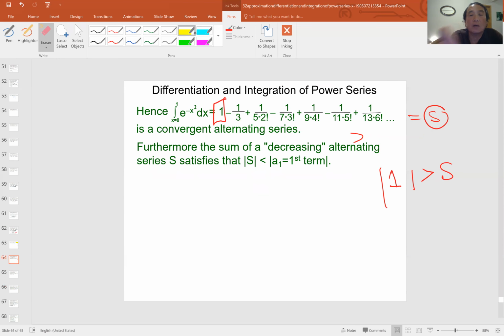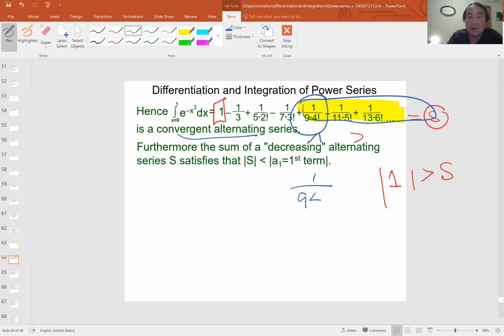If I add up this tail part, which is also an alternating series, it is going to be smaller than the very first number, 1 over 9 times 4 factorial. The sum of a decreasing alternating series is always smaller than the very first term. Why? Because immediately you take a chunk away, so the sum drops, but you compensate a little bit back, though not as much as what you took away, and then you keep doing this.